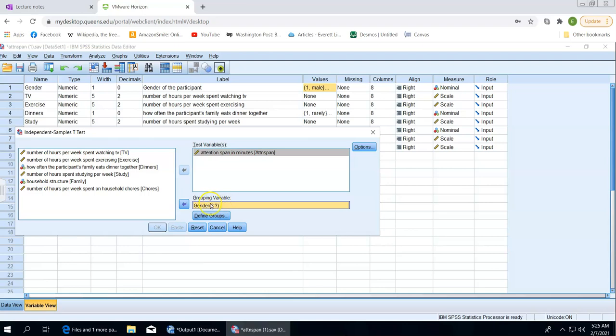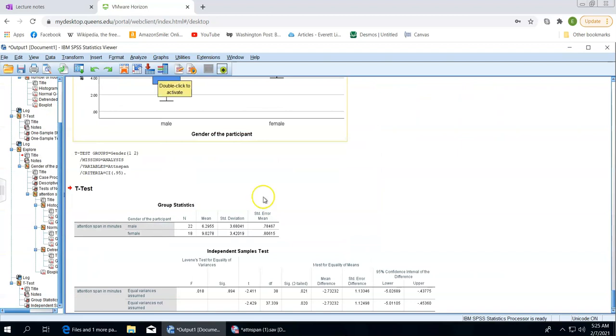This means it's waiting for us to tell it that we've got 1s and 2s. So we're going to click on Define Groups, and tell it Group 1 is 1 and Group 2 is 2. And we're going to click Continue, and we're going to click OK.